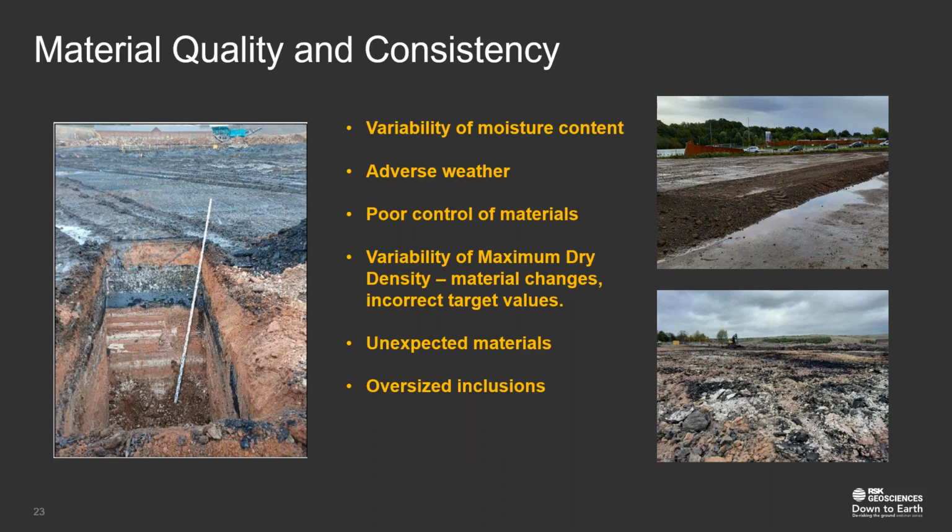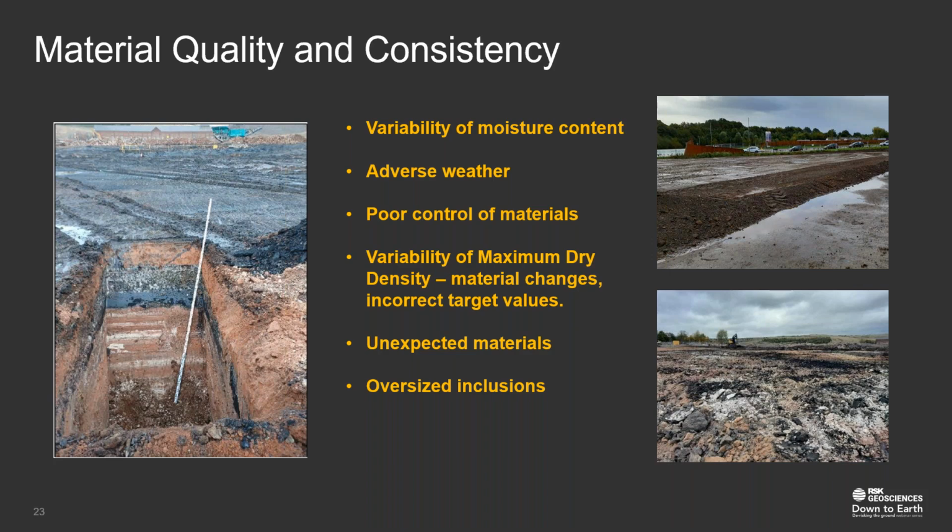You also have to be mindful of the variability of the maximum dry density and material changes during the work. It's particularly crucial with man-made materials in terms of pulverized fuel ash, colliery spoil, and so on. That can vary quite a lot, and visually it appears the same.